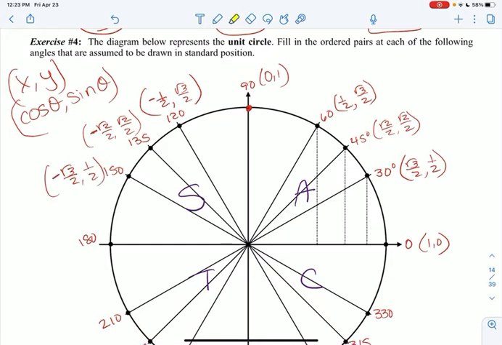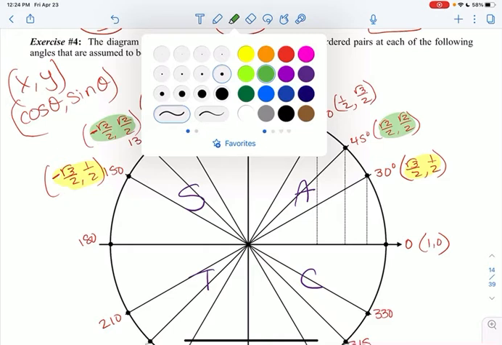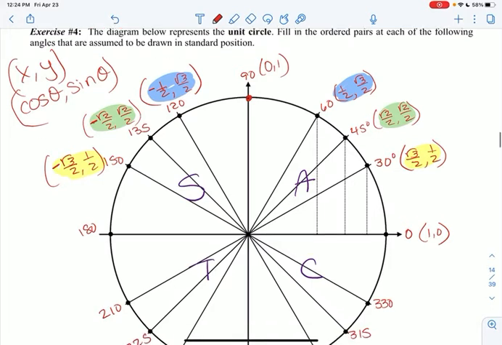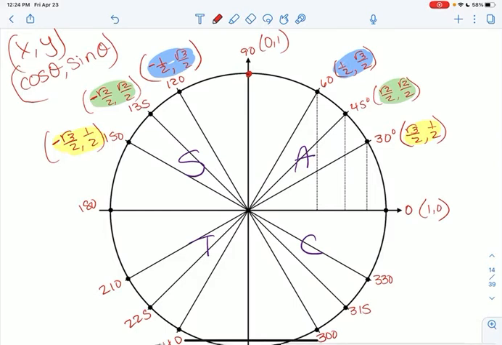All right, so everybody can see these numbers are the same. 30 and 150 are the same. These numbers, 45 and 135, are the same. It's just the signs that are changing. And these right here, 60 and 120, it's the same numbers, it's the signs that are changing depending on whether sine and cosine are positive or negative in that quadrant. Okay?